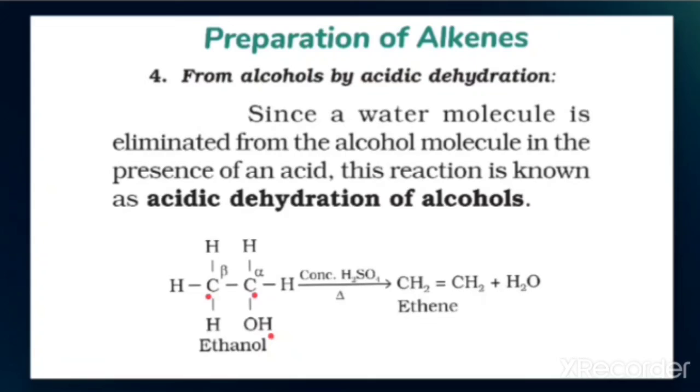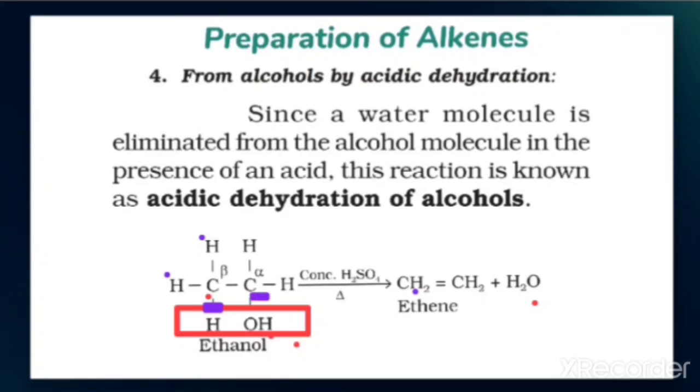So here there is a removal of water: one of the beta hydrogens and the OH group get removed. Now what is remaining here? Water is removed, you can see it on the product side, water is the side product. So what is the main product? This carbon atom with 2 hydrogens is written CH2.